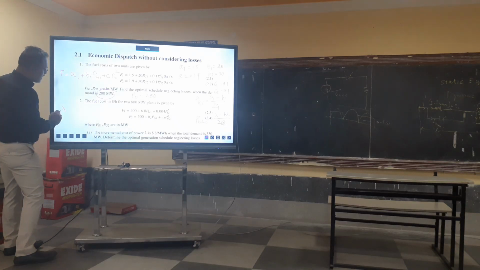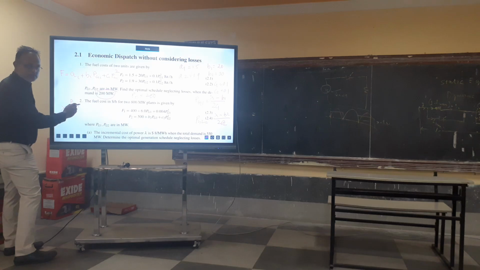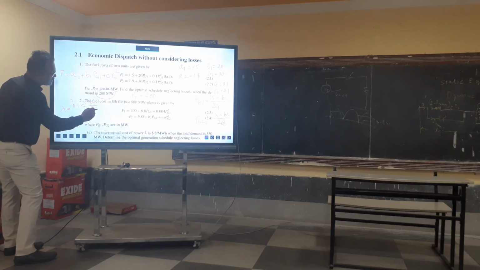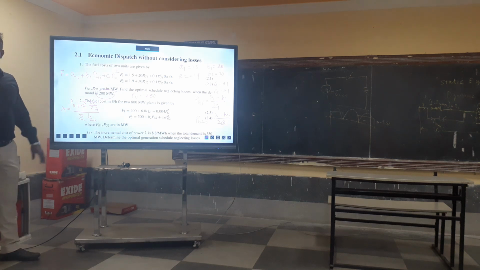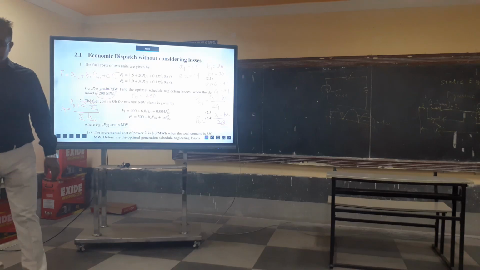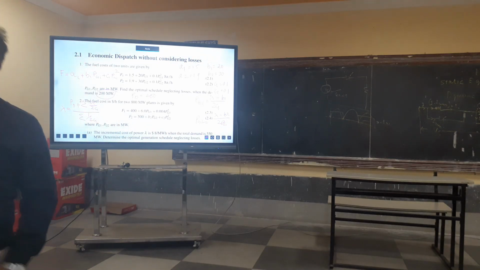So what is lambda? PD plus summation Bi by 2Ci divided by summation 1 by 2Ci. Do it. Find out lambda. Don't see the solution. The solution is there in the PPT. Don't see that. Find out the answer.